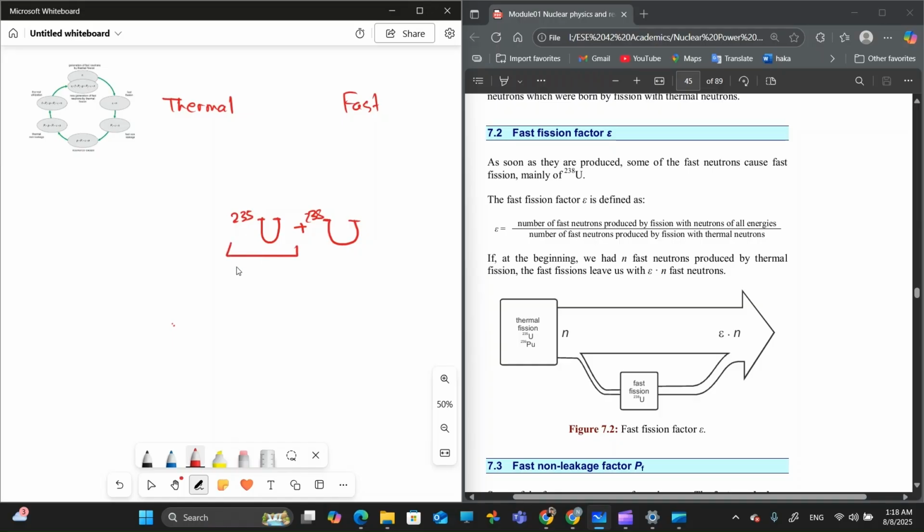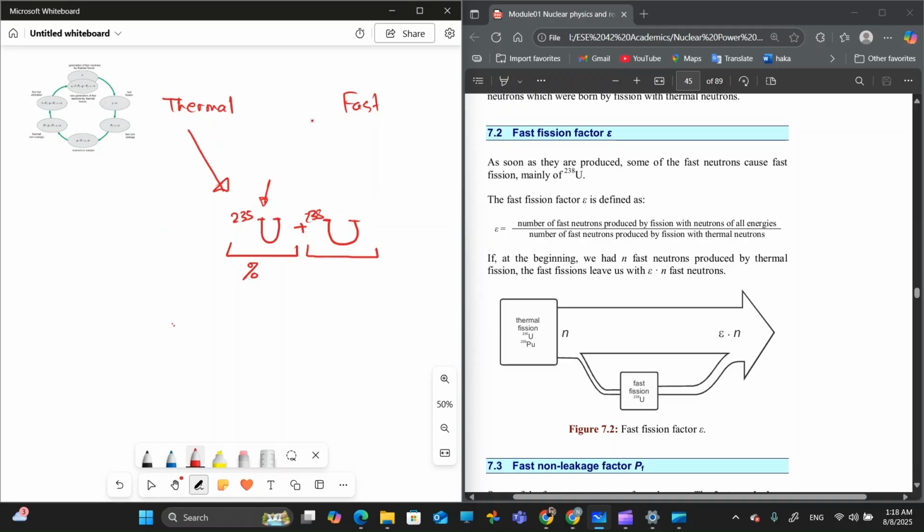The percentage of 235 is called enrichment, and the remaining part is uranium-238. So in the fuel rod, we have both isotopes of uranium. Now, in fission reaction, only uranium-235 actually takes part, and it is with the help of thermal neutrons.